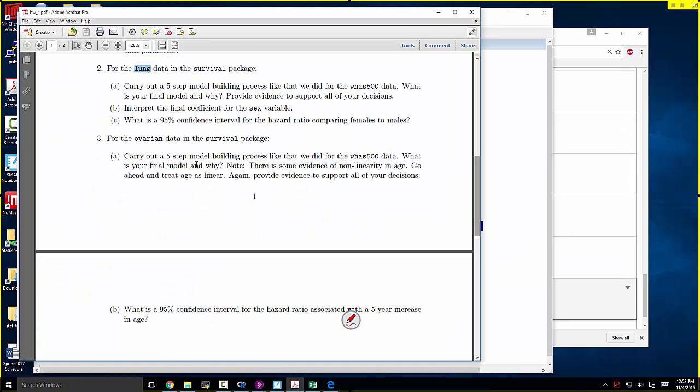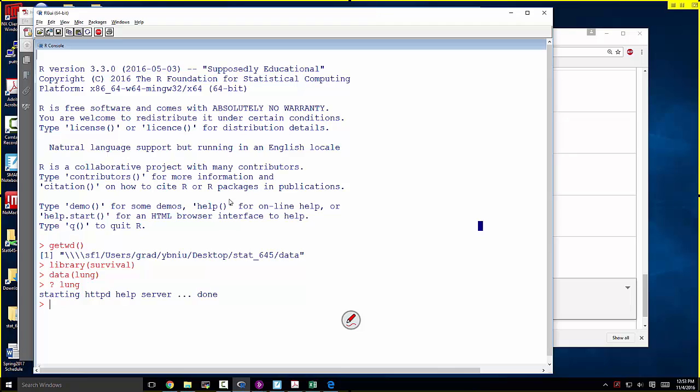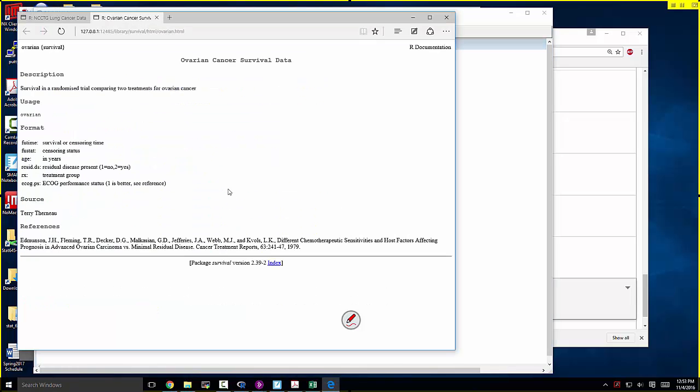Let's briefly look at the other data. These are also included with the survival package. So let's do data(ovarian) and ?ovarian. Randomized trial comparing 2 treatments for ovarian cancer. Futime, like follow-up time, is the survival time.